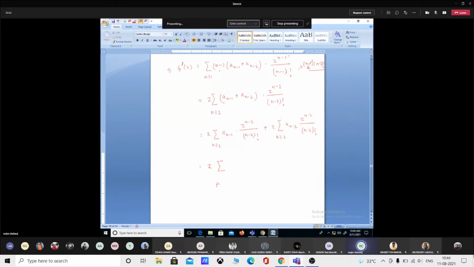I am writing p equal to n minus 2. Sorry, p equal to n minus 1 I am taking, and p greater than or equal to 1.